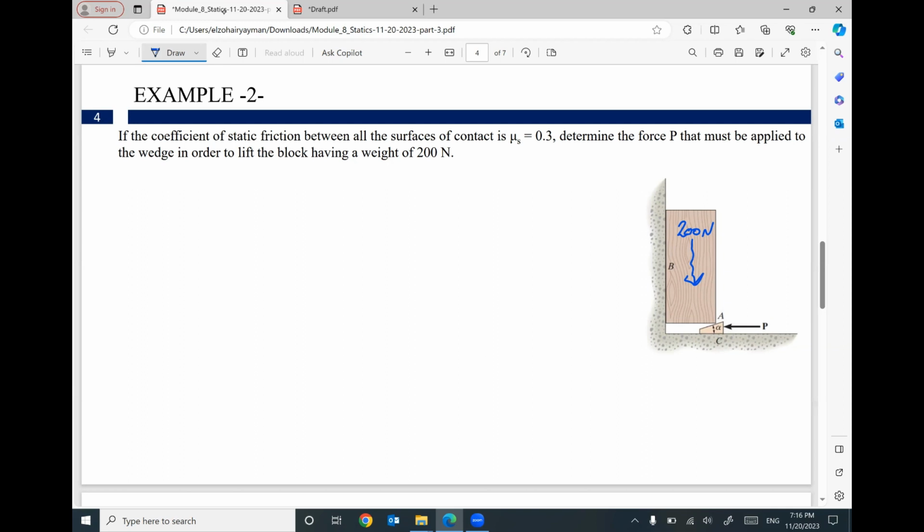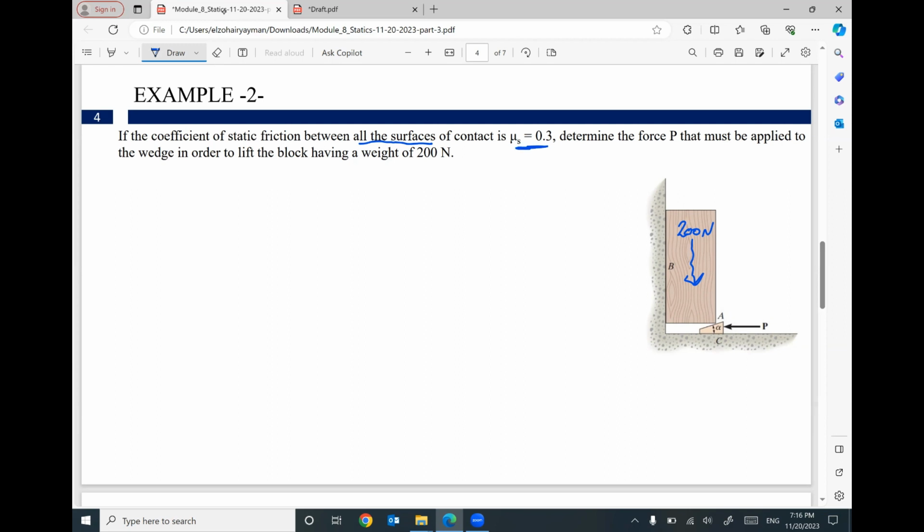We are given the coefficient of static friction between all surfaces of contact: between the block and the wall, between the block and the wedge, between the wedge and the ground surface. All of them will have the same value, coefficient of friction equal 0.3.